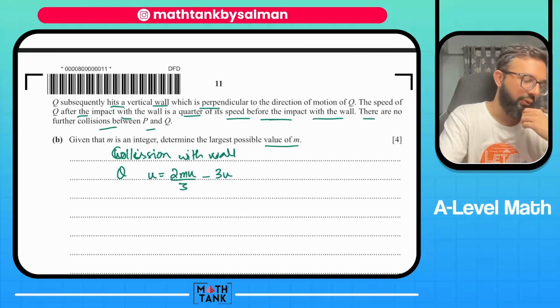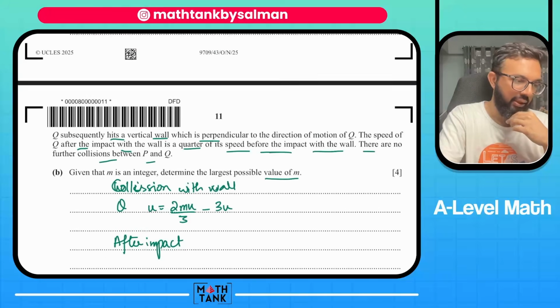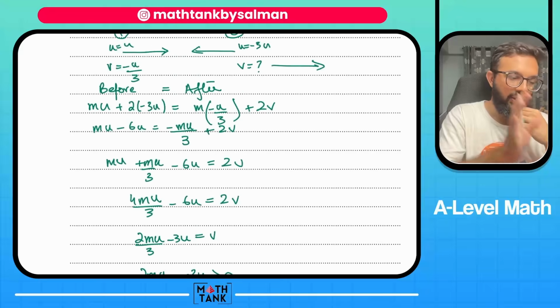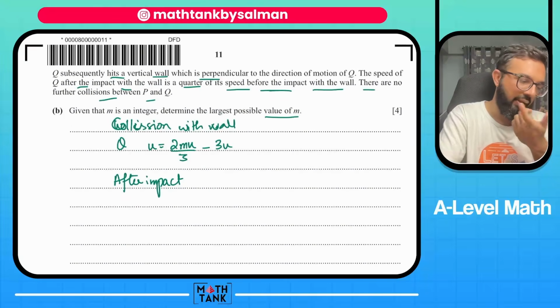Okay, so after impact, I know that V was moving towards that direction, so I'm going to say that after the impact, the direction is going to reverse. So it's going to be minus 1 over 4 of 2mu over 3 minus 3u, which is a quarter of its speed.